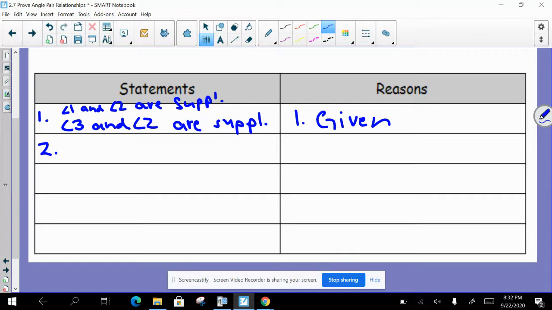So we'll say that the measure of angle 1 plus the measure of angle 2 equals 180, and the measure of angle 3 plus the measure of angle 2 is equal to 180. And that's because of the definition of supplementary angles.